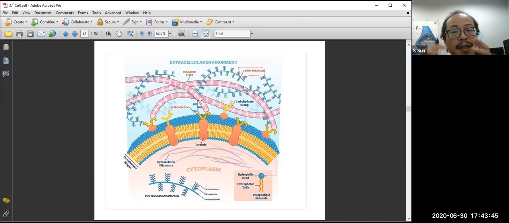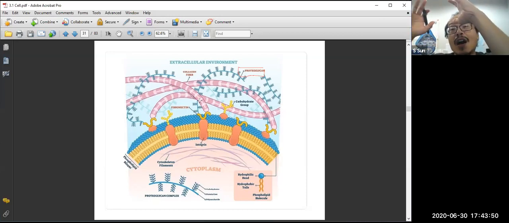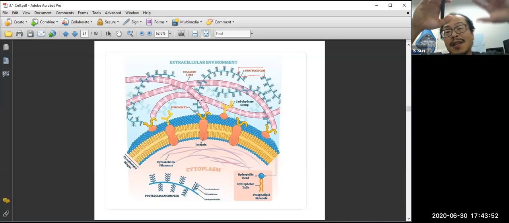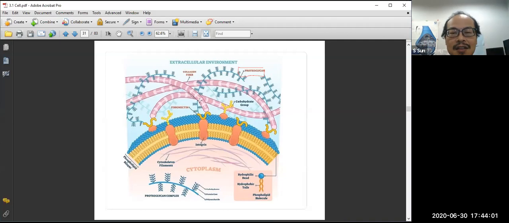So our cell is not like our space, with one star, one planet, isolated from other planets, and it's empty between. It's not like that in our body.